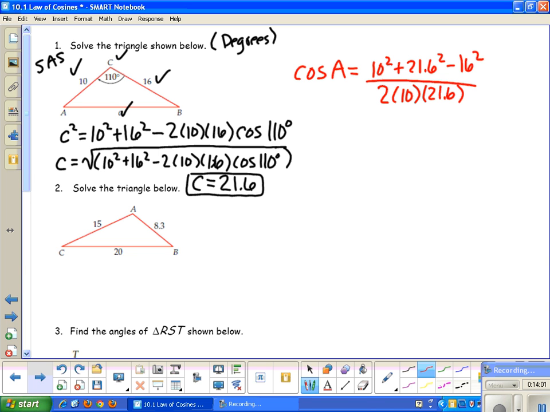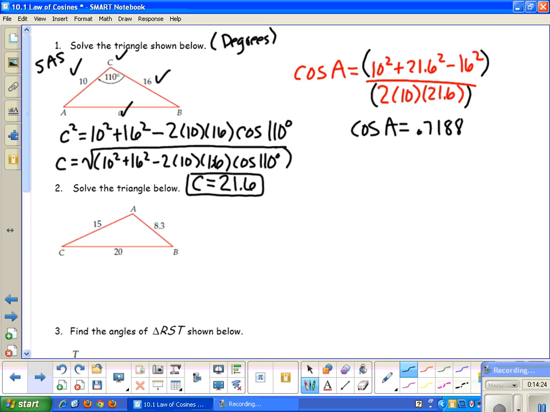For this problem, be careful in your calculator, if you do this all together, to make sure the numerator is in parentheses and put all of this in parentheses when you divide it. When you do that in your calculator, you're going to end up with the cosine of A equal to some decimal, which is about 0.7188, and just leave the whole thing in your calculator.